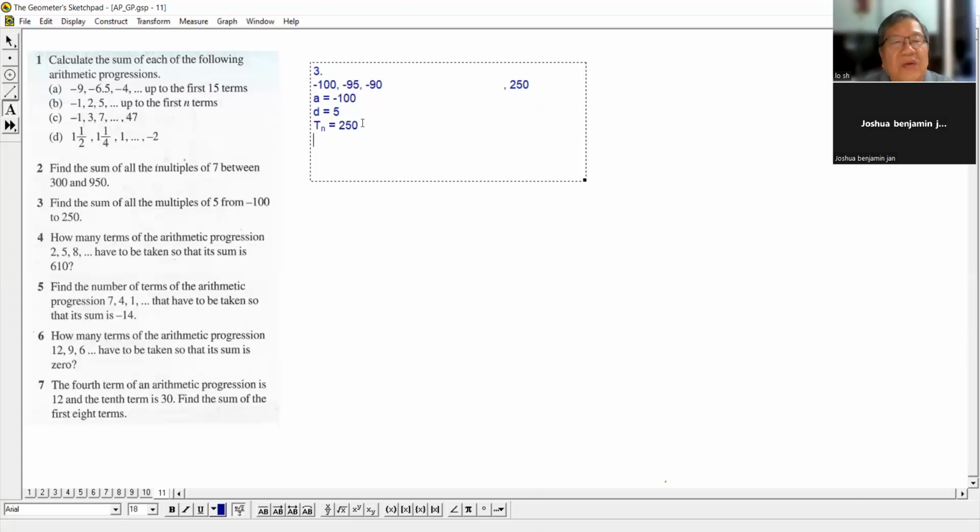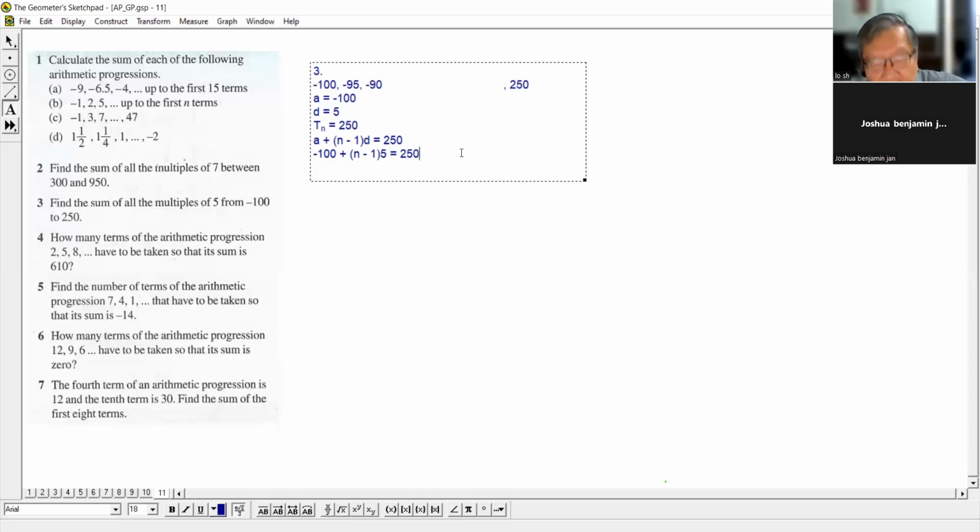Now you have to put in the formula: A plus N minus 1 D. A is negative 100, N minus 1, and D is 5. So negative 100 plus N minus 1 times 5 equals 250.